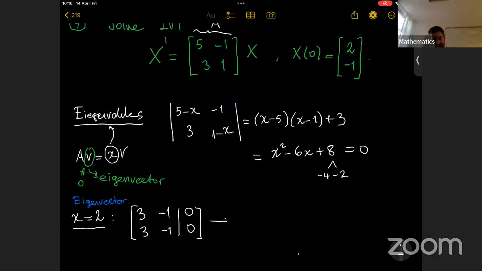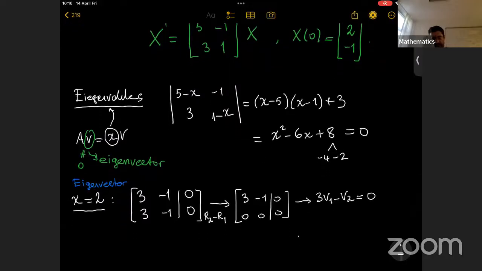We subtract the first row from the second one: (3, -1 | 0), (0, 0 | 0). This is R2 minus R1 goes to R2. So this tells you we have one free variable, and this implies 3v1 minus v2 is equal to 0.